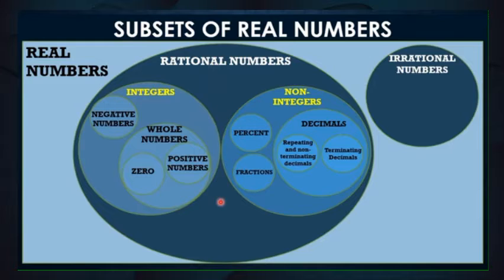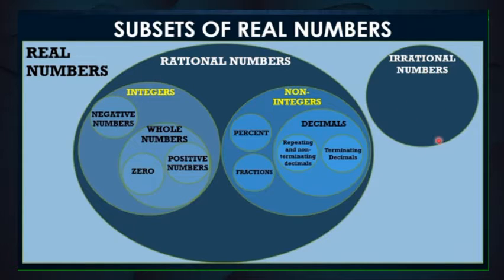'Di ba? So, hindi sila nag-overlap. Therefore, walang intersection ng integers and non-integers natin. So, take note natin yung family ng ating rational numbers na kabilang or also one of the subsets of real numbers. Now, another subset of real numbers is the irrational number.